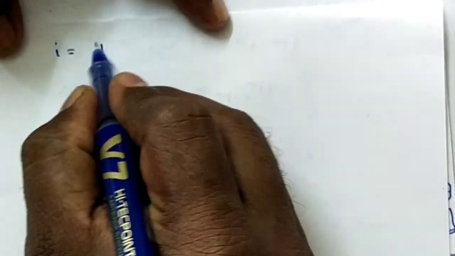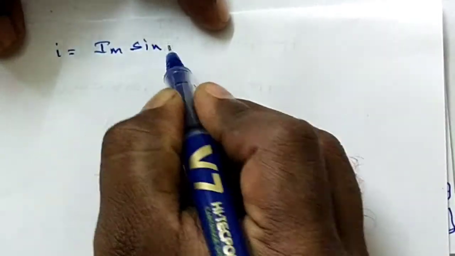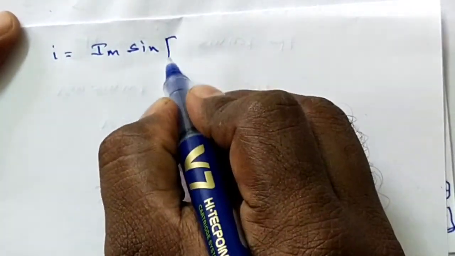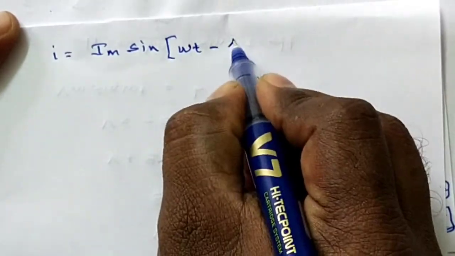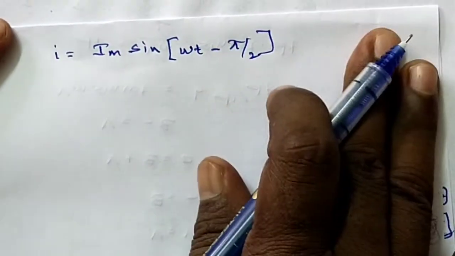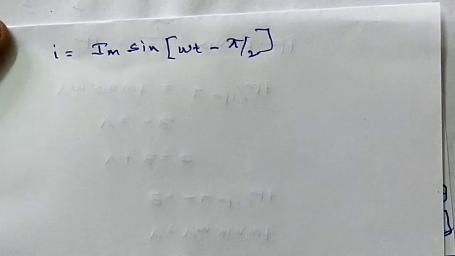Already we know the alternating current is I equal to Im sin omega t. Here we substitute omega t minus pi by 2 to include the phase.